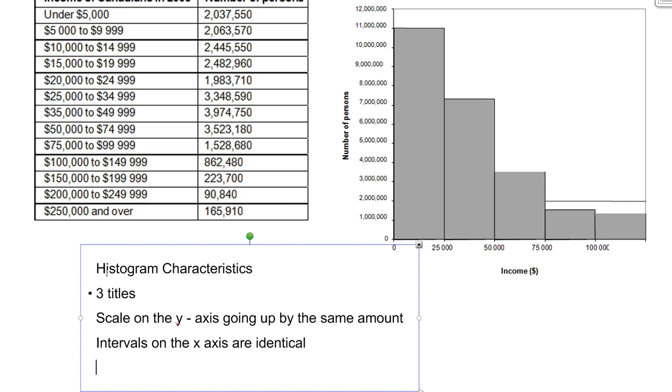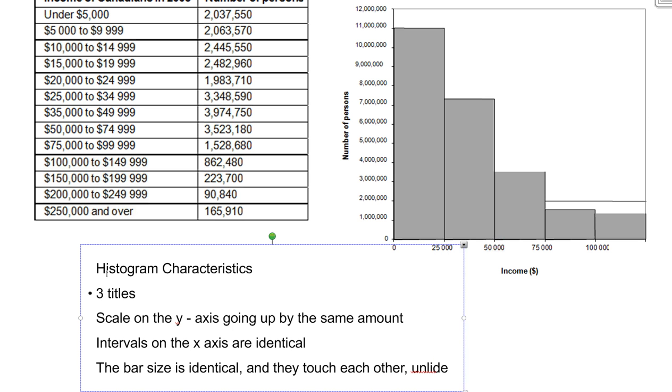Another thing, the bar size is identical. One day I'll learn to spell. Identical. And they touch each other. Not like a bar graph, where bar graphs would leave a space.